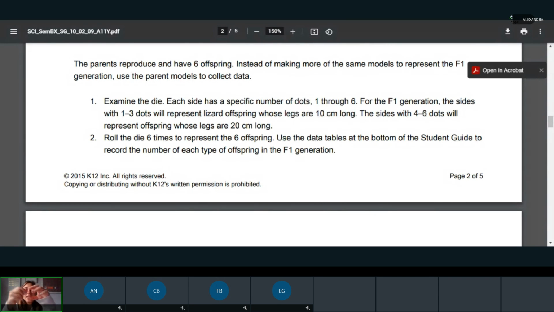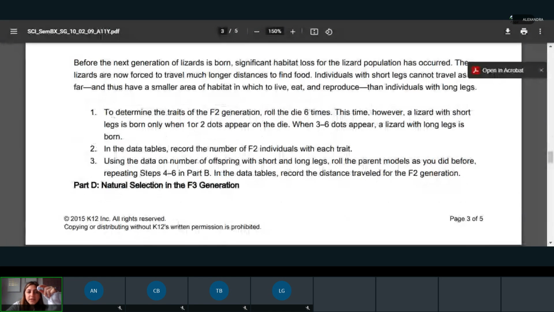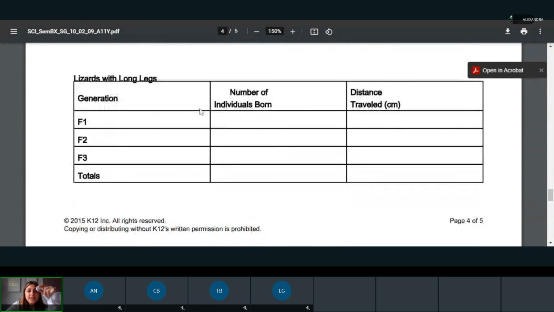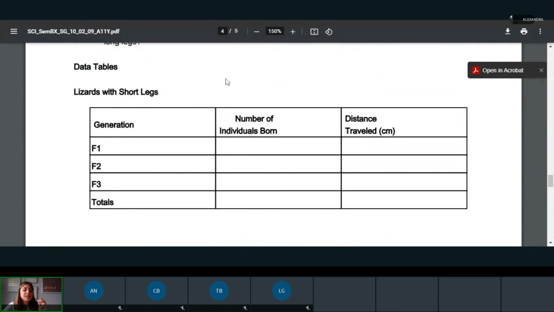So what that means is we are going to roll this die 6 times. If it lands on 1 through 3, we are going to be recording that in the table below. So if you go down all the way to the bottom, you're going to see these data tables. And so we're going to be filling these out. Now, if you are following along on the computer and you didn't print this out, then just grab a piece of paper and you can recreate these data tables and then fill them in as we go through.